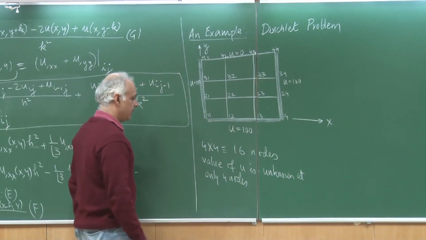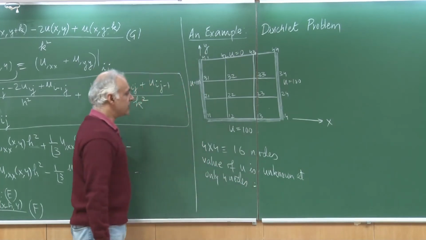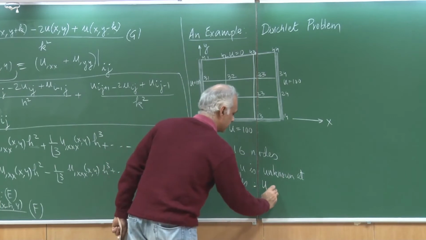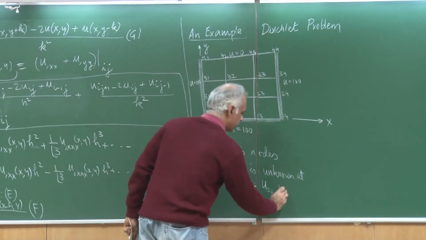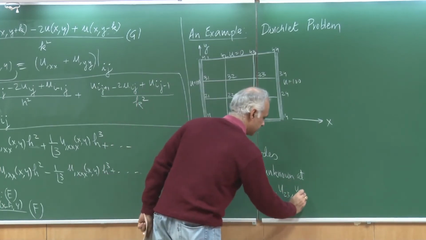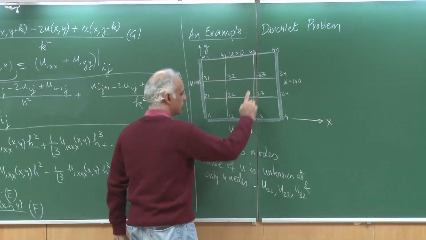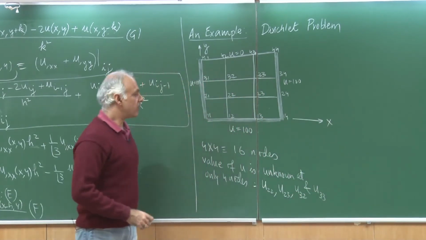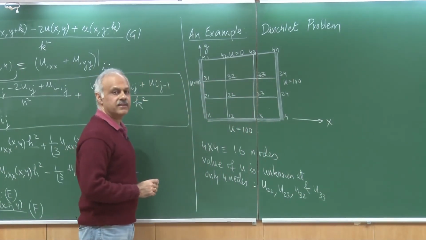Okay. So, the values that are unknown are u 2 2, u 2 3, then u 3 2, and of course u 3 3. All other values of u are known to me.